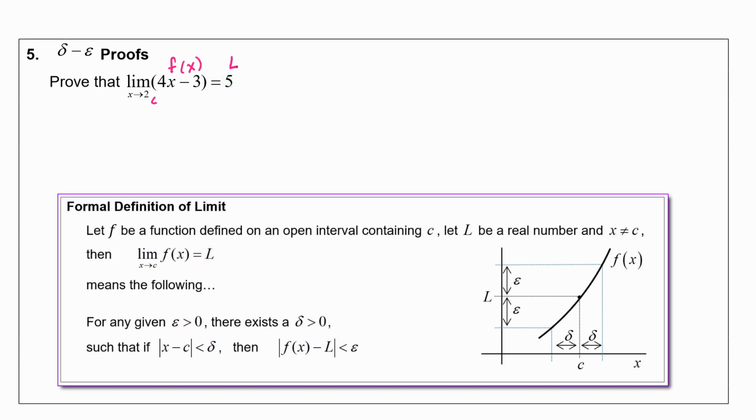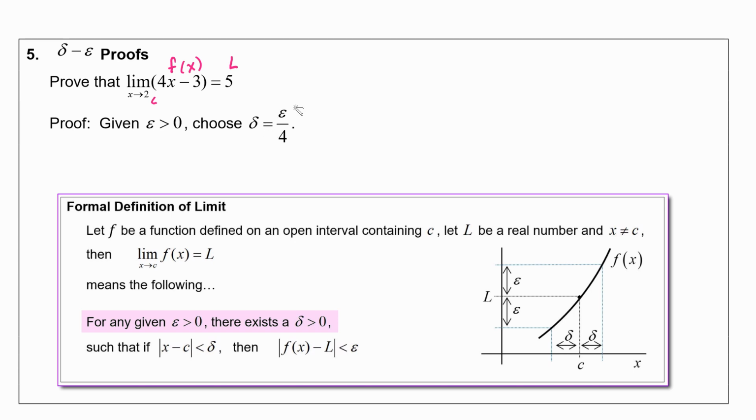Now in the definition, it says for any given epsilon greater than 0, there exists a delta greater than 0. So when we write our proof, we have to say, given epsilon greater than 0, choose delta equals, in this case, for this proof, it works out to be epsilon over 4.